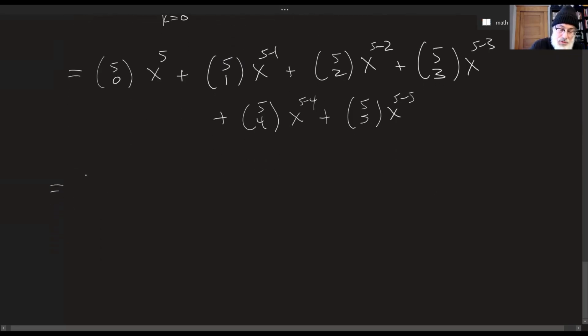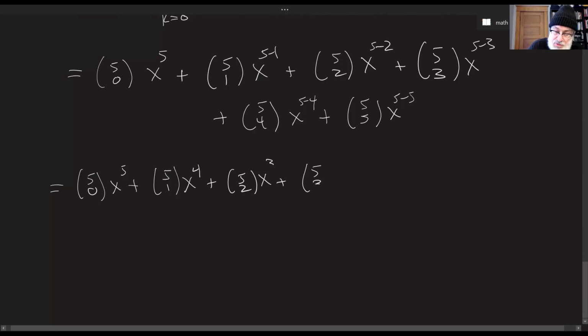I'll write that better. 5 choose 0, x to the 5th, plus 5 choose 1, x to the 4th, plus 5 choose 2, x to the 3rd, plus 5 choose 3, x squared, plus 5 choose 4, x plus 5 choose 5. All right, so that's our polynomial when we multiply out x plus 1 to the 5th.